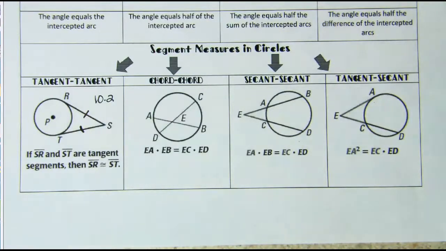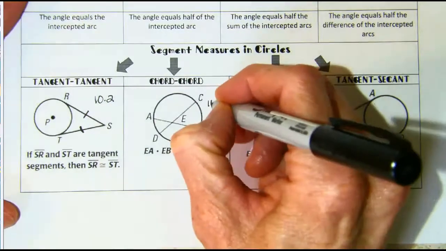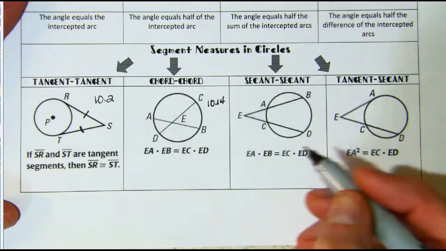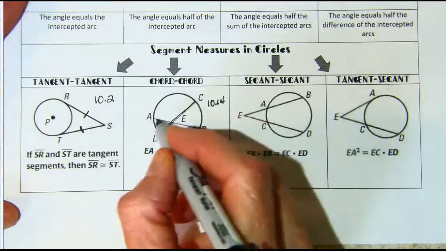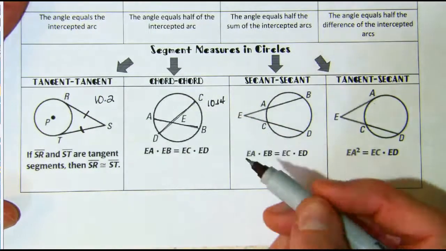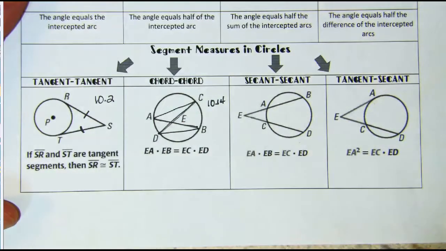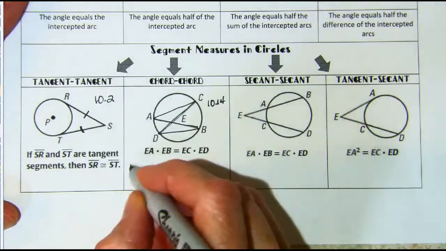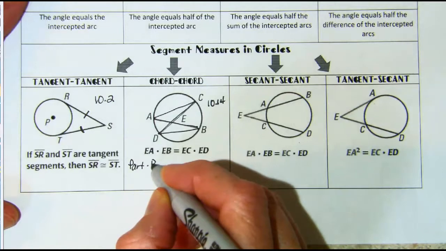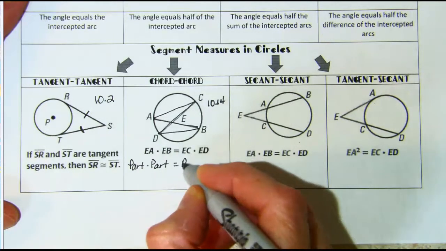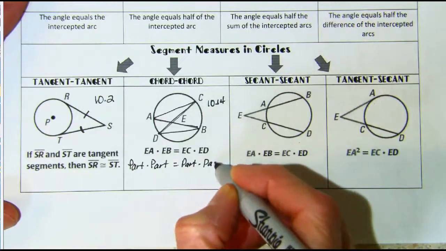Now, chord, this is 10.14. This is when the chords intersect inside and it makes proportional triangles. If you'll remember, we proved those by making similar triangles. But how you remember chord is part times part equals part times part.